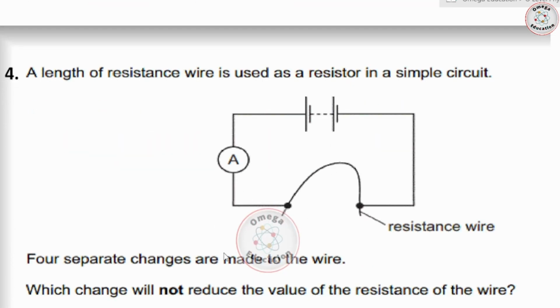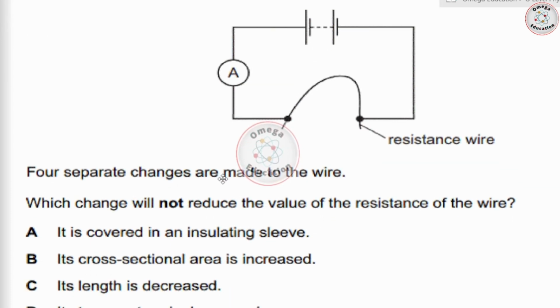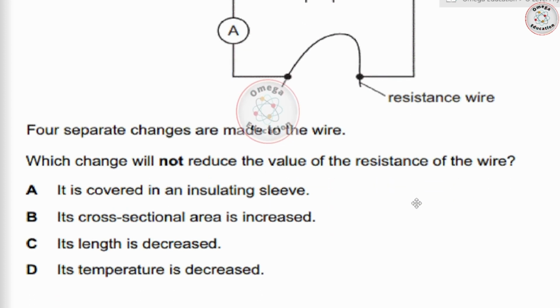Moving on to the next one. Here we have a length of resistance wire used as a resistor in a circuit. So we're using a wire as a resistor in a circuit to control the amount of current. Four separate changes are made to the wire. Which change will not reduce the value of the resistance of the wire?